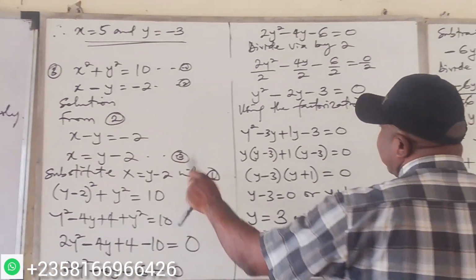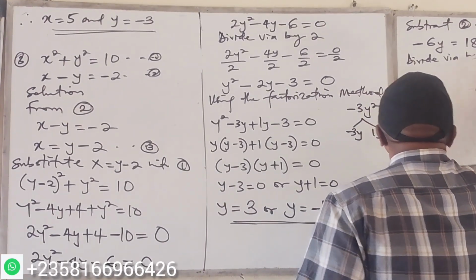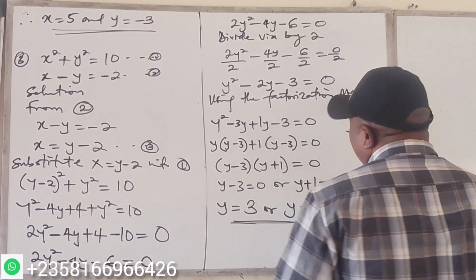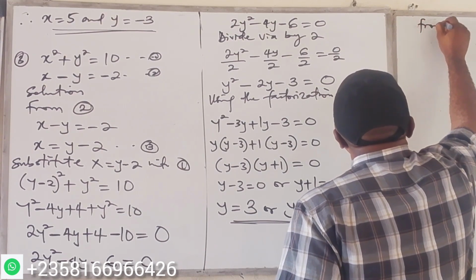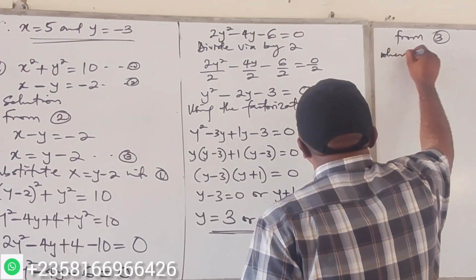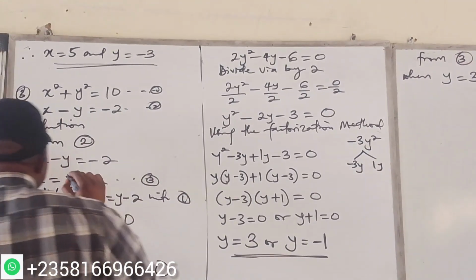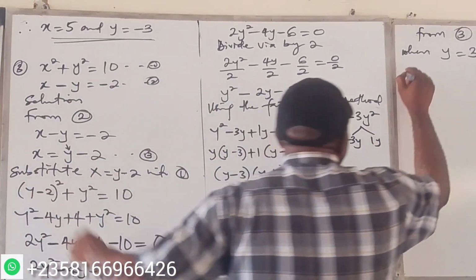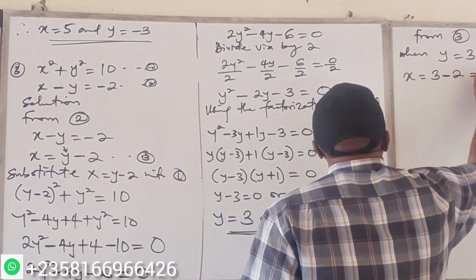Now remember, look at equation 3, where we made x the subject of the equation, where we made x exist alone. So from equation 3, when y is equal to 3, let's see what will be the value of x. x will be equal to 3 minus 2, and that will give us 1.